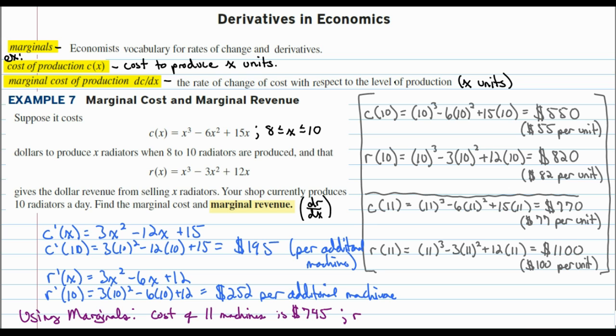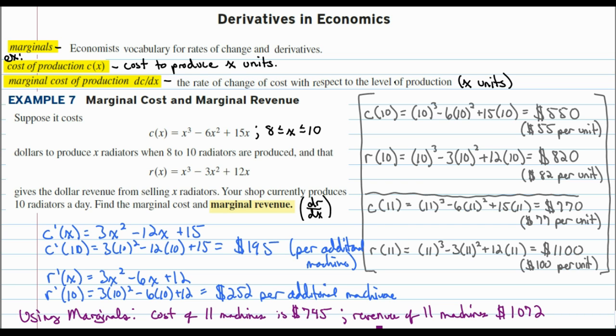And then the revenue of 11 machines would be the revenue of 10 machines, so $820 plus $252, so $1,072. So a little bit different than if we just plugged in 11 to our cost and revenue formulas.